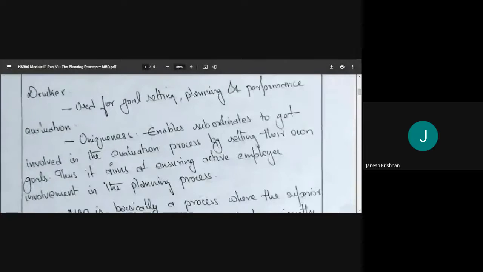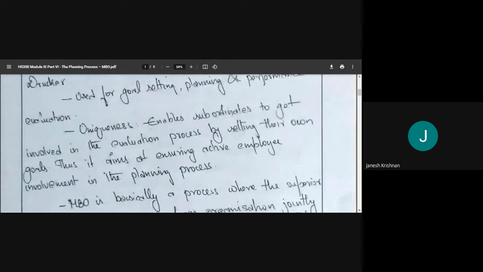Being an employee, he is setting his own goal, which will lead to the achievement of the organization goal.